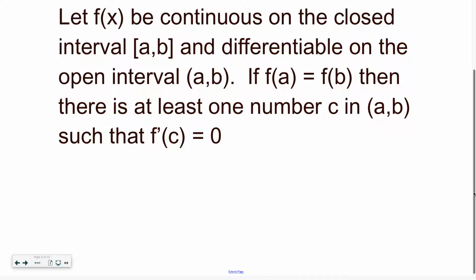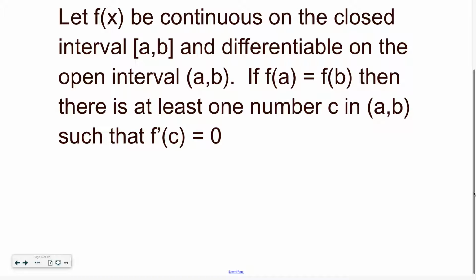If we meet those 3 stipulations, then we can find that one time or more that we have a derivative of 0. If you do not check for continuity and differentiability, I will take off points on your test. Do you understand?